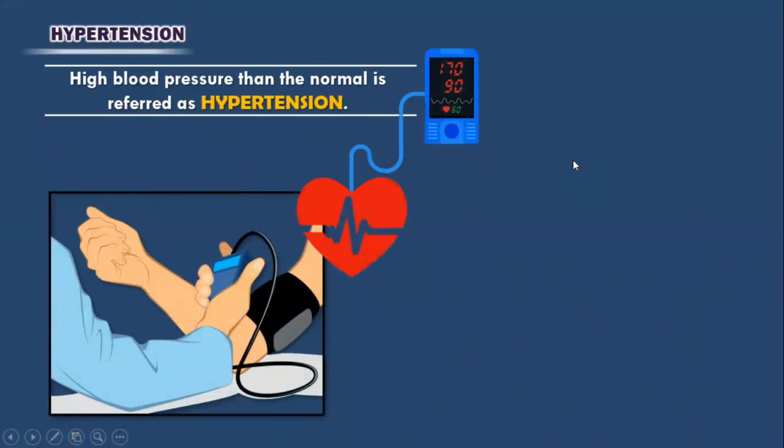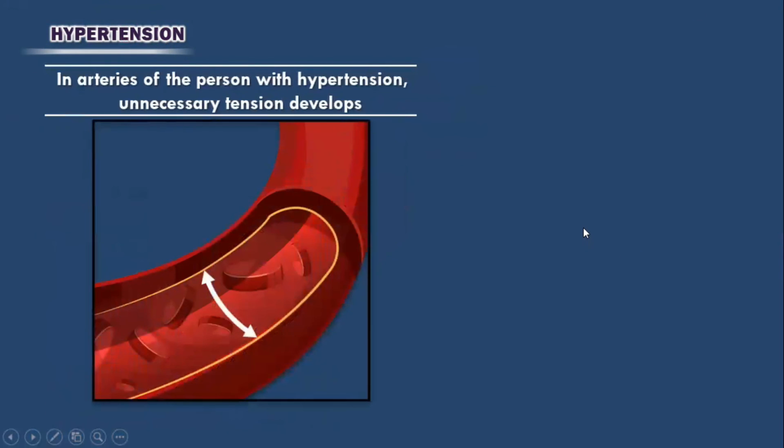Hypertension is called high blood pressure. Hypertension doesn't mean that we got too much tension. No, it's high blood pressure. If a person is having hypertension, that means he has high blood pressure issues. The arteries of a person with hypertension become a bit pressed and narrow.